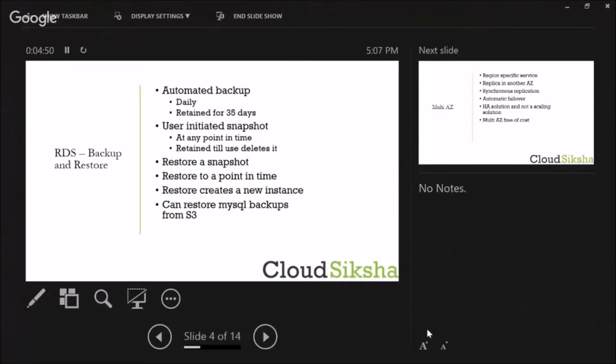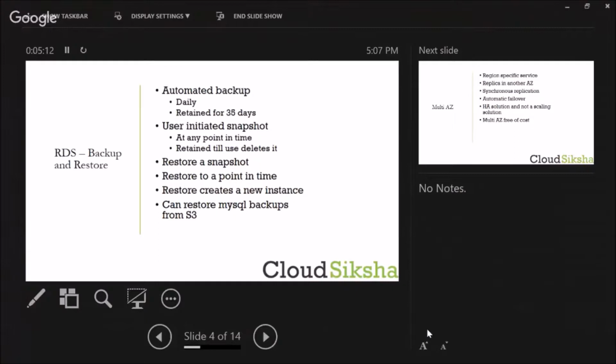Whereas in the user-initiated snapshot, you can take any time you want. You just go and ask for a snapshot. The snapshot will be taken. And the snapshot will be retained till the user deletes it. Now you have to go and delete the snapshot.